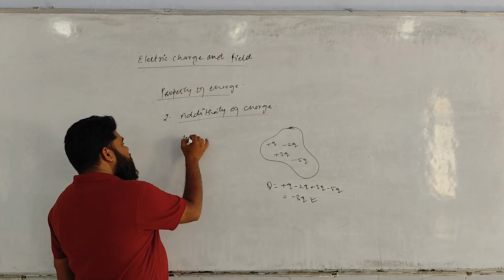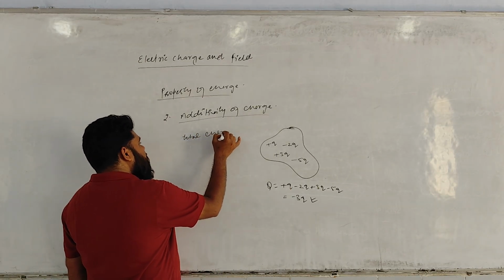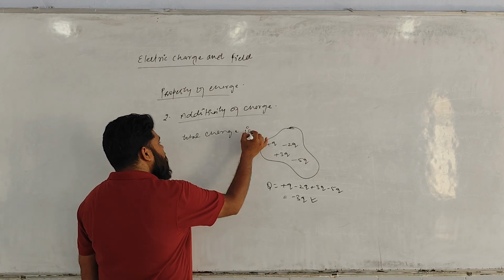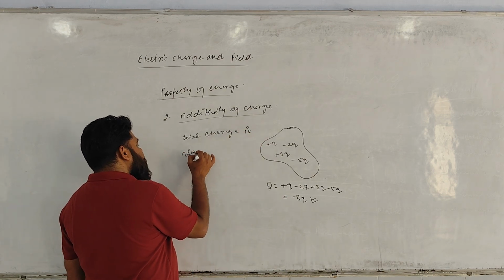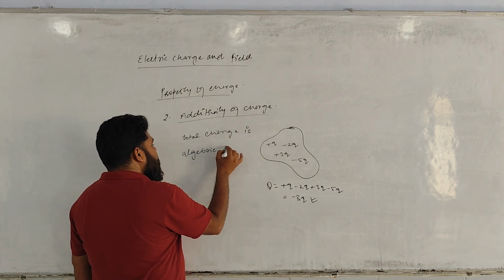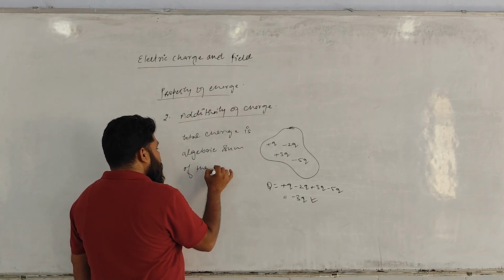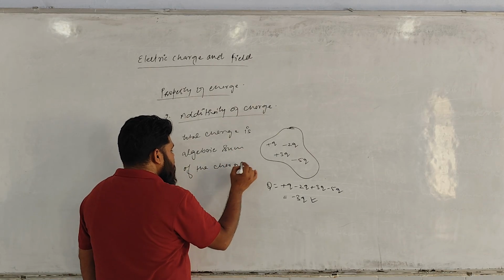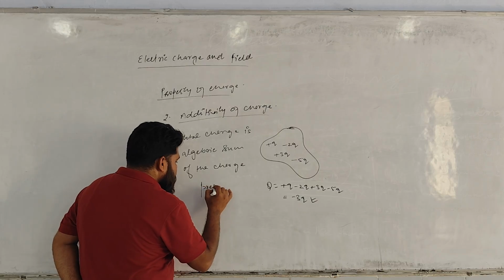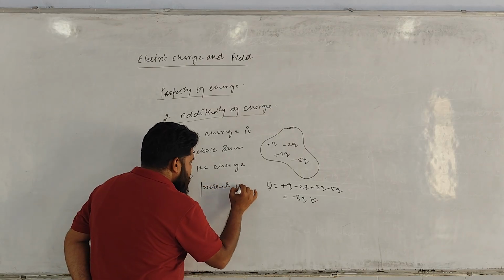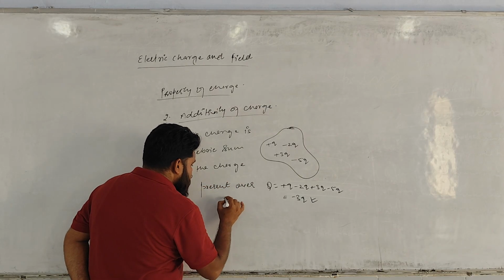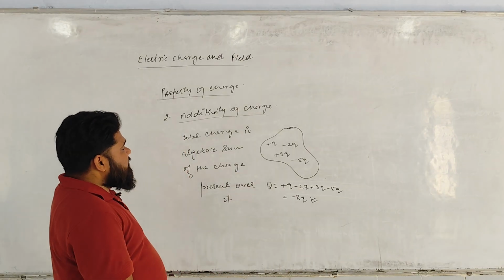The total charge is algebraic sum of the charge present over it. That is the additivity of charge.